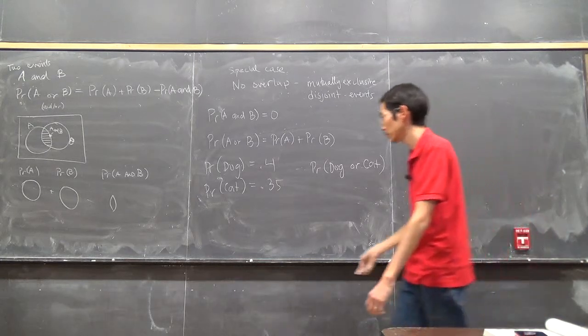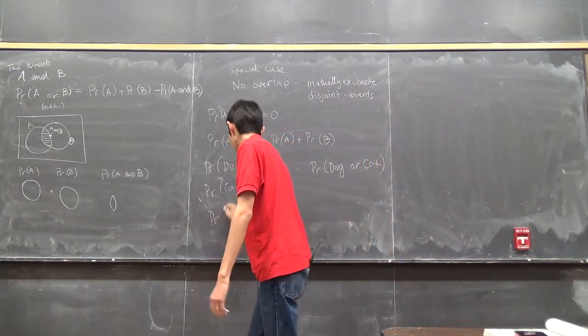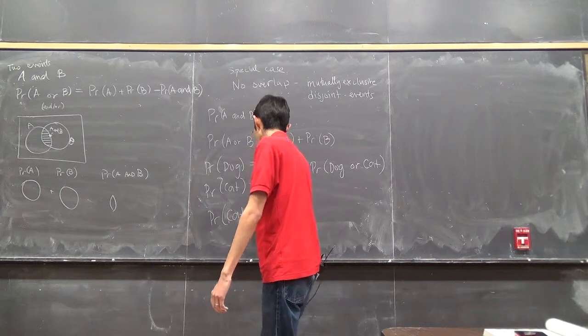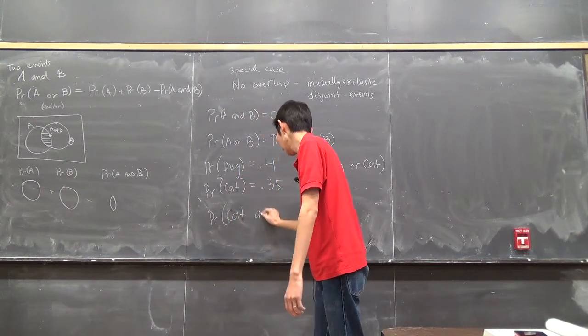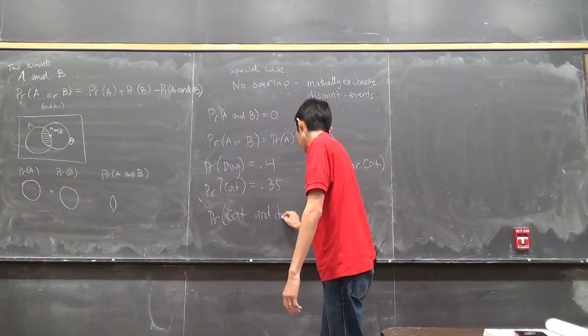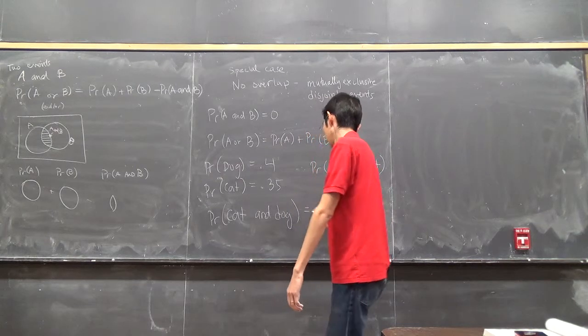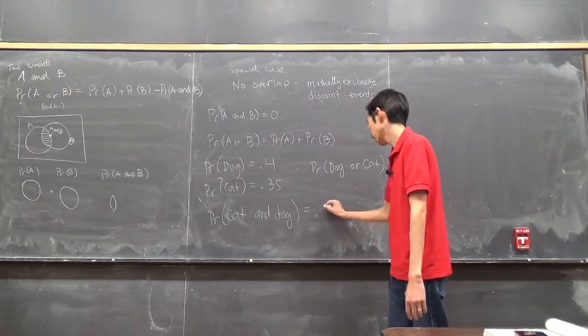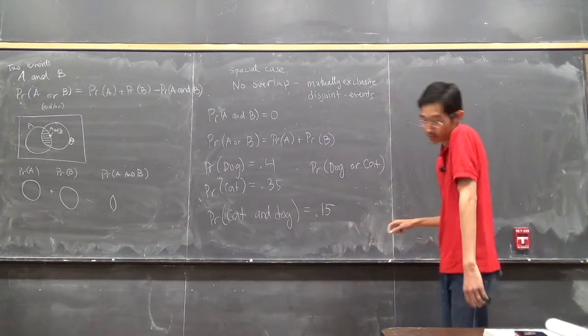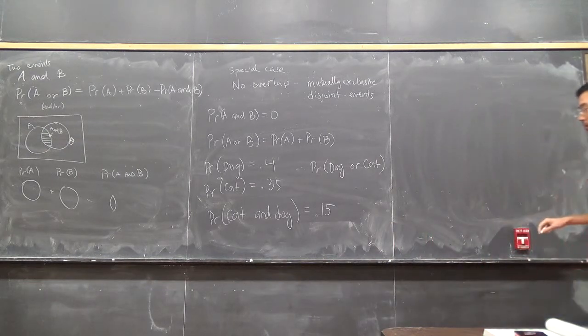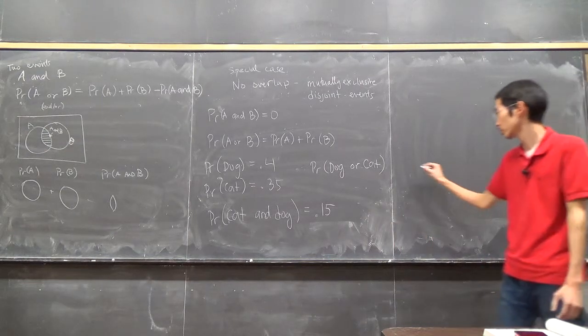So what we need to know is the probability of a household having both a cat and a dog, and let's say this is 15%. Then we can answer this question.